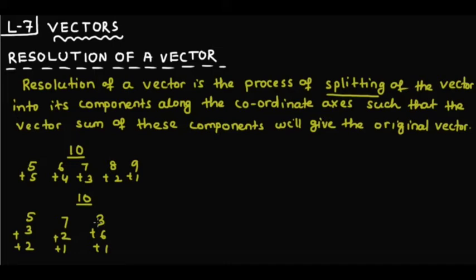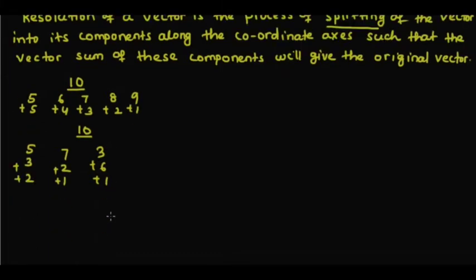But we are talking about the splitting of a vector. So definitely the splitting of a vector will be different from the splitting of a scalar or a normal number. So now I will show you how you can split a vector into its components in a plane, in two dimension.